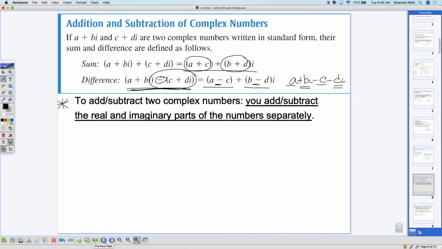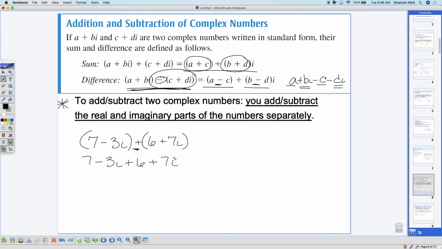Okay, so 7 minus 3i plus 6 plus 7i. This addition does not do anything, I don't have to distribute, it's just addition, right? So I basically have 7 minus 3i plus 6 plus 7i.